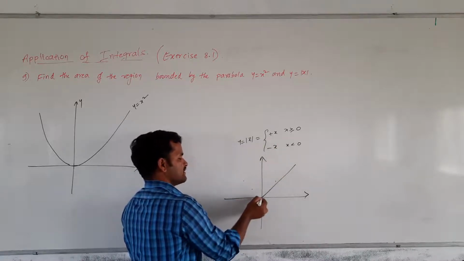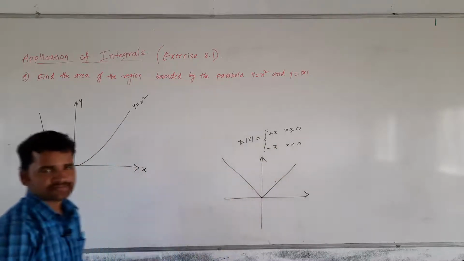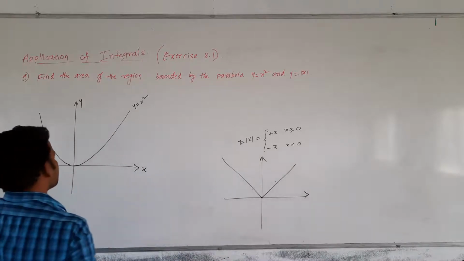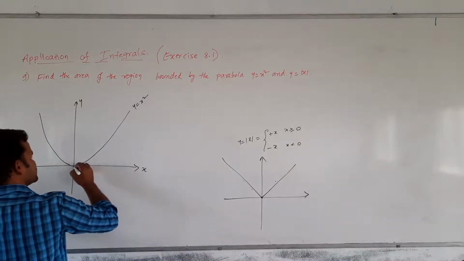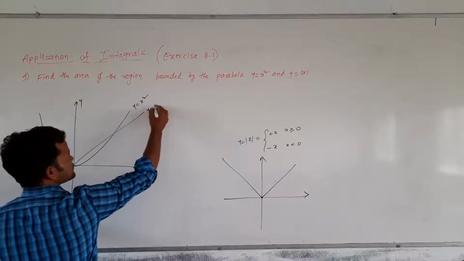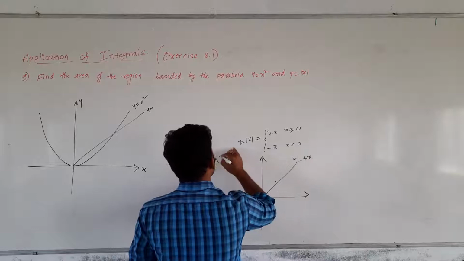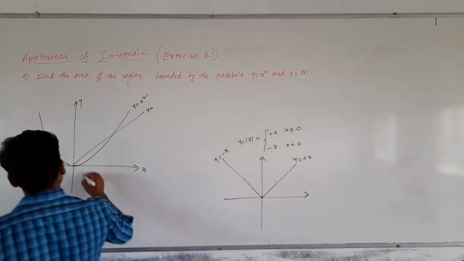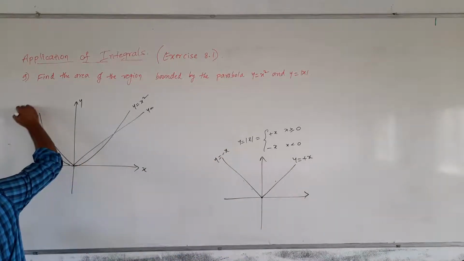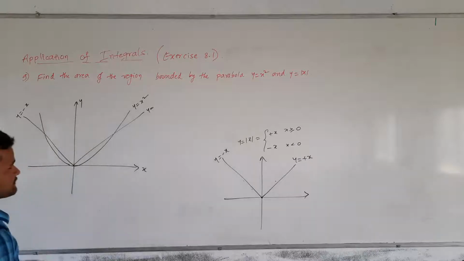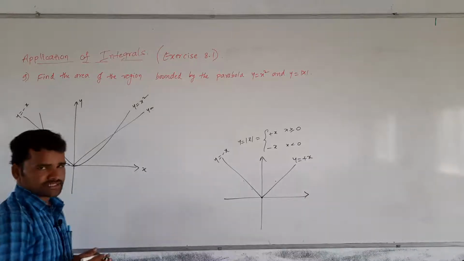So the graph takes the form like this. Drawing the graph of y is equal to modulus of x, it goes like this. Right hand side it is y is equal to plus x, and left hand side it is y is equal to minus x. This is what the graph is.